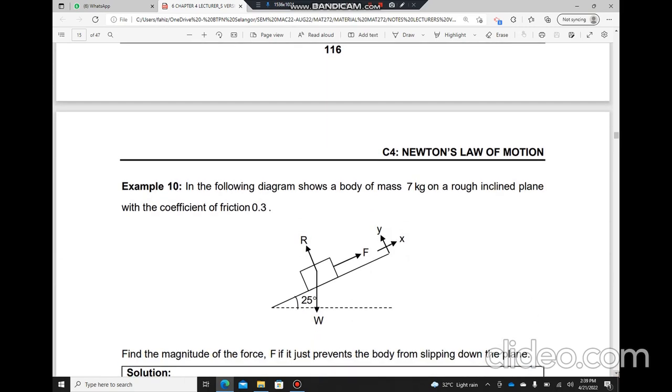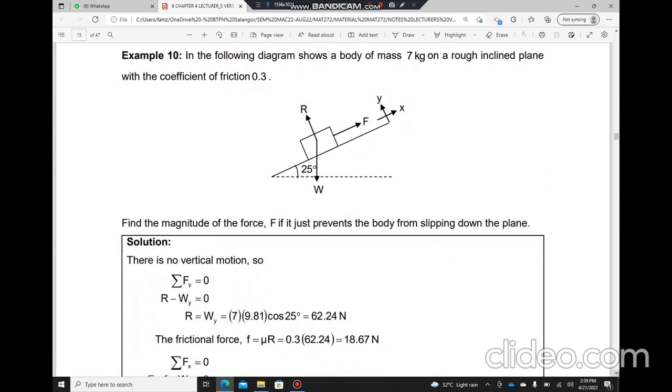Okay, example 10 konsep dia sama, cuma beza dia inclined plane. So bila inclined plane dia bagi M equals to 7, and then cumanya tempat W ni kan, kita just gantikan dengan either mg cos theta or mg sin theta based on either vertical or horizontal.